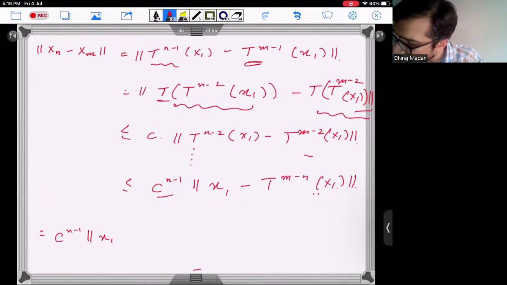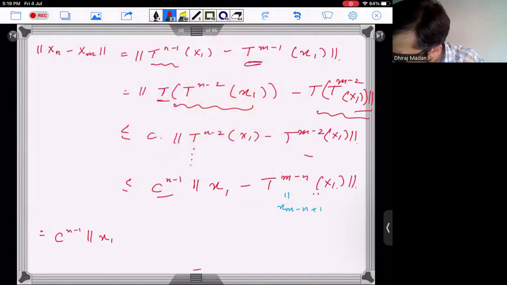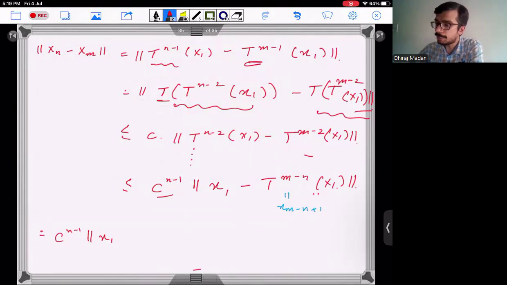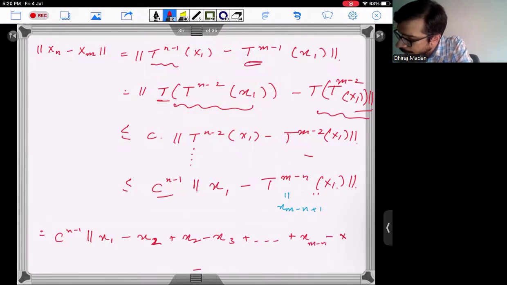So this quantity is nothing but x m minus n plus 1. And so this is x1 minus x m minus n plus 1. So I write it as x1 minus x2 plus x2 minus x3 plus so on, and then plus x m minus n minus x m minus n plus 1. So I rewrite it as this telescoping sum.